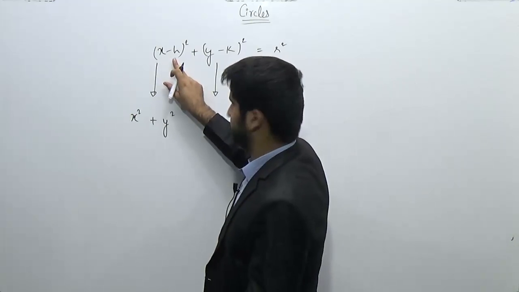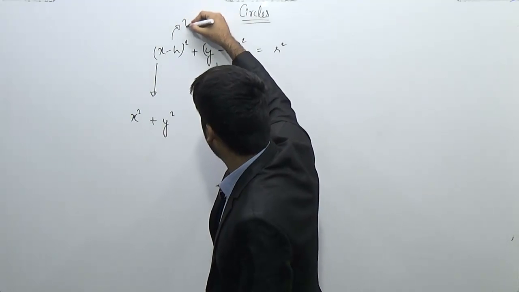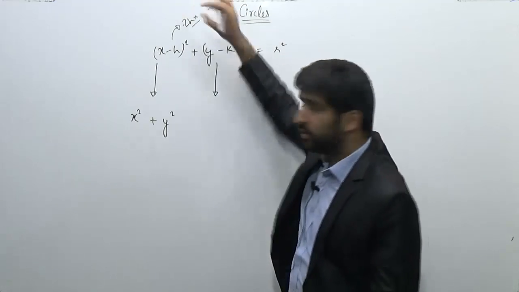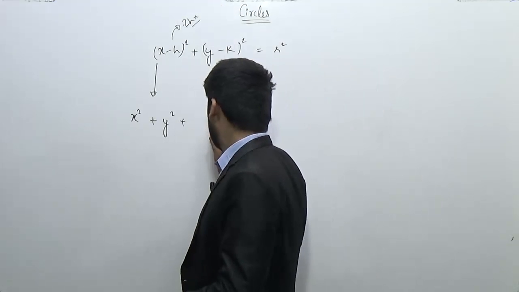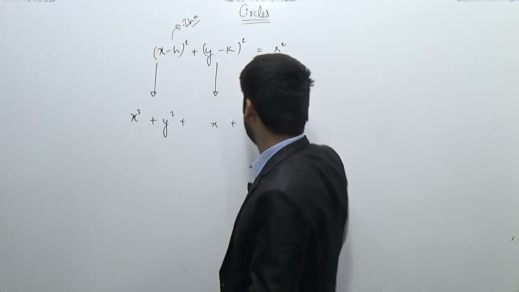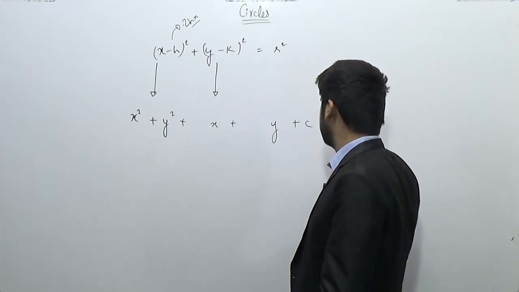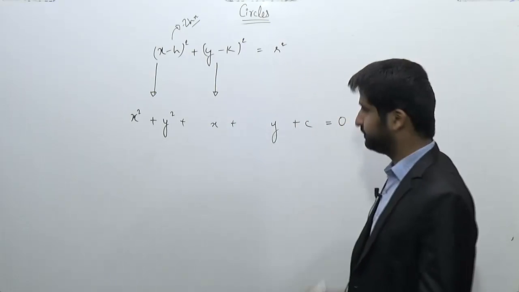We'll get an x term. From here you can see that this will become minus 2hx, so we'll get a term where the degree of x is just 1. So we'll get a term with x and a term with y, and then we'll get a constant term. Let's say the constant term comes out to be c.